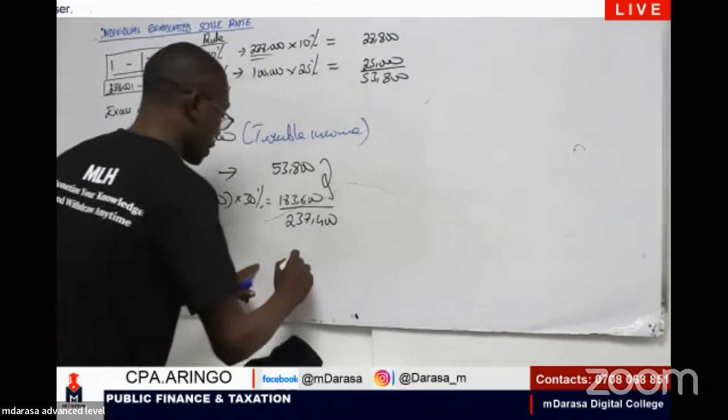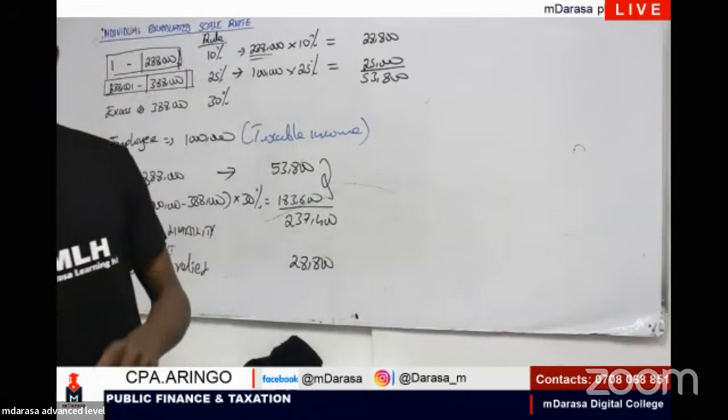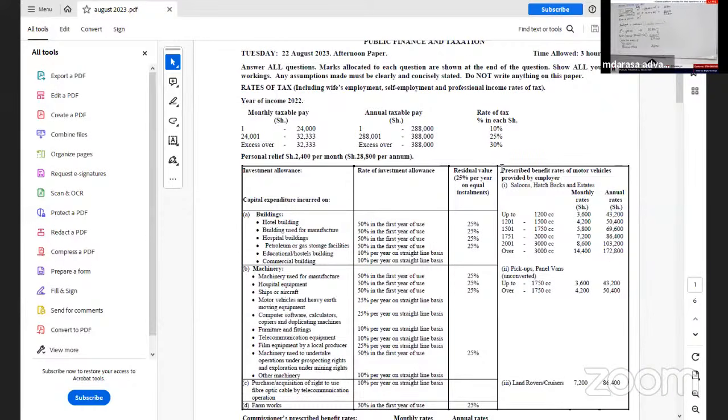Personal relief of how much? Currently it is 28,800. And you don't need to cram this because it is given here. You see, personal relief is given here as 28,800 per annum, 2,400 per month. You don't need to struggle. You only need to refer to the scale that you're given there.